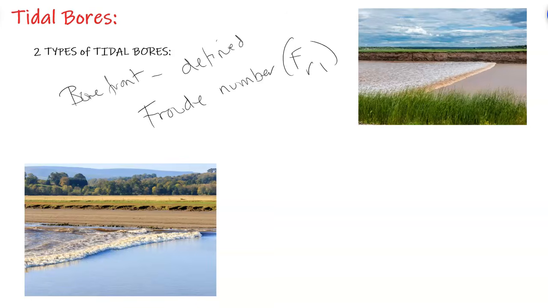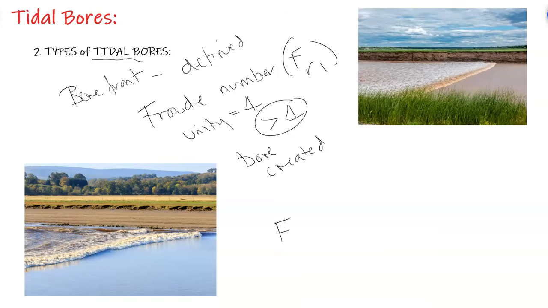Now, basically if the algebra equation comes out to more than unity, which is a word that means one, if it's more than one, or much larger than one, then you're going to have a tidal bore created. And the size of this number will dictate which type of bore you have.